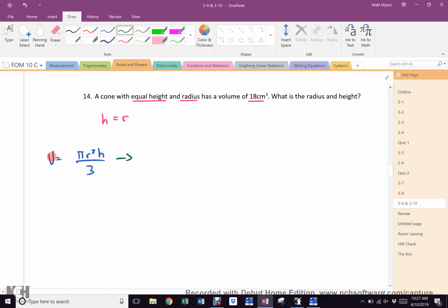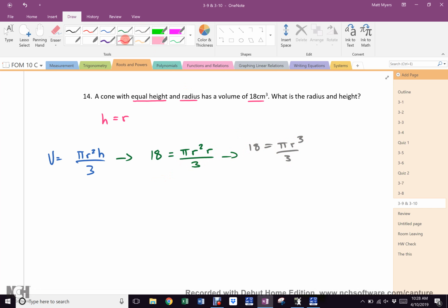Do we know the volume? What is it? 18 equals pi. Now r and h are the same, aren't they? So r squared, and then wouldn't it be another r? Over 3. So it would become 18 equals pi r cubed over 3. And then we solve it the same way.